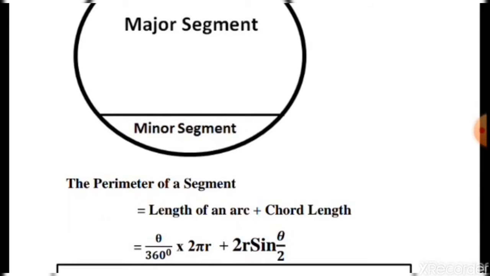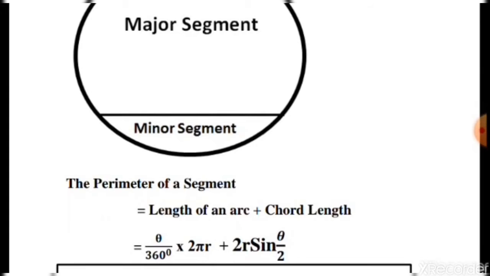Now, if you look at the diagram very well, either you are considering the major segment or the minor segment, you will agree with me that the perimeter of the segment is equals to length of an arc plus chord length.